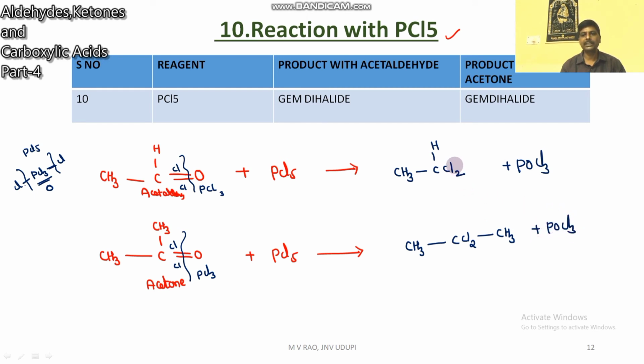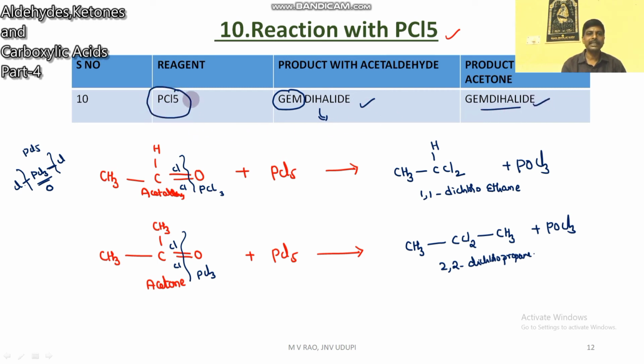Here two chlorines are present on the same carbon, hence the word gem: gem dihalide on the same carbon. The name is 1,1-dichloroethane, and 2,2-dichloropropane. So gem dihalides will form with acetaldehyde and acetone. Reaction with PCl5 gives a gem dihalide.